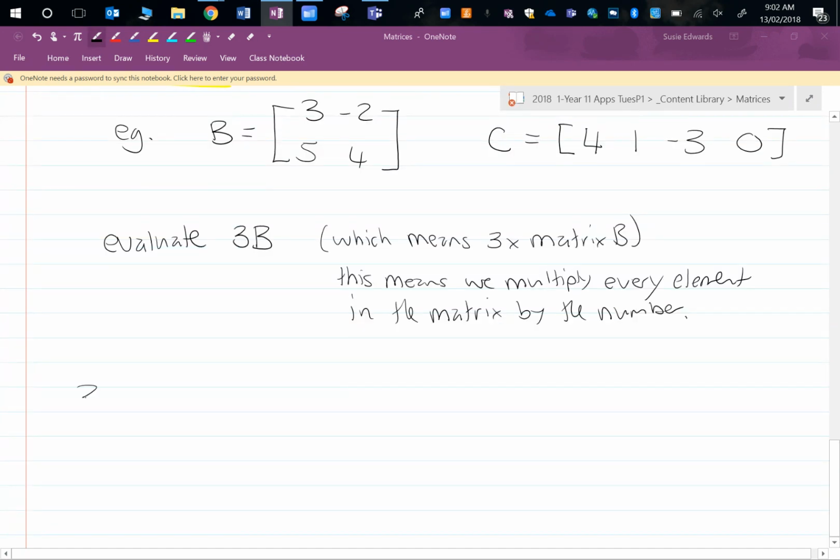So 3B equals, we still end up with the same size matrix. 3 times 3, 9. 3 times 5, 3 times negative 2, and 3 times 4 is 12.